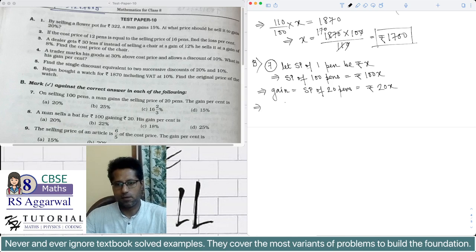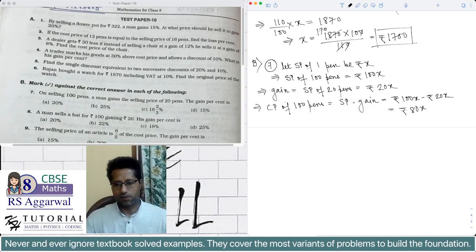So the CP of 100 pens is equal to SP minus gain. This is equal to rupees 100x minus rupees 20x, which is equal to rupees 80x.